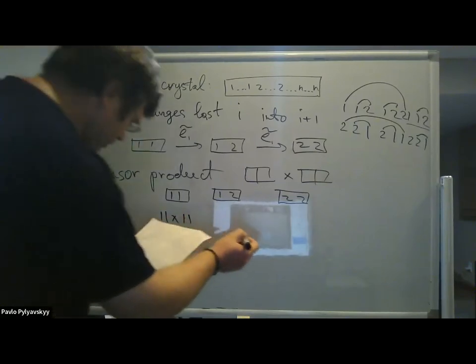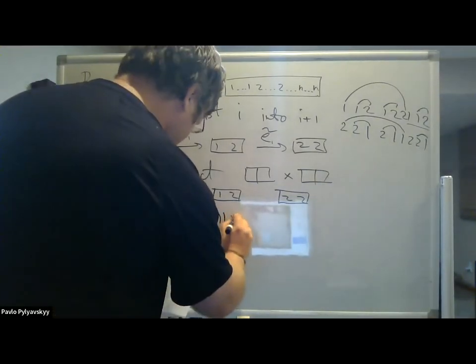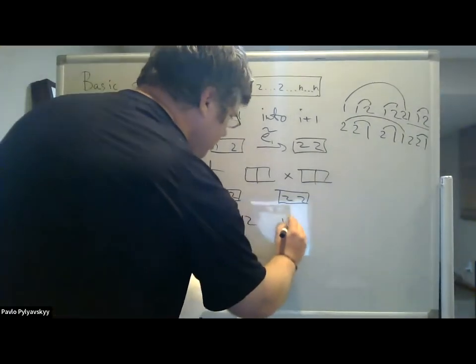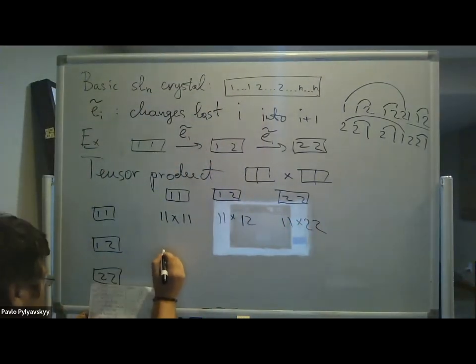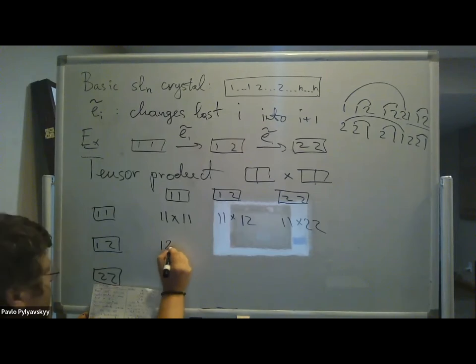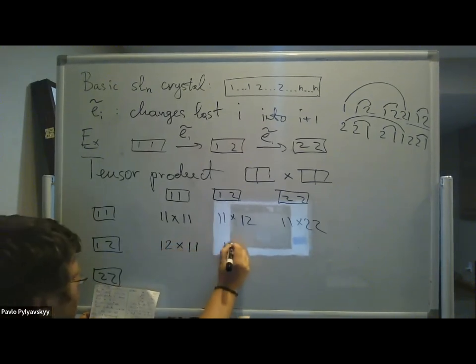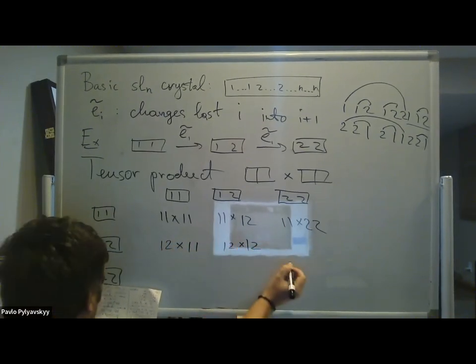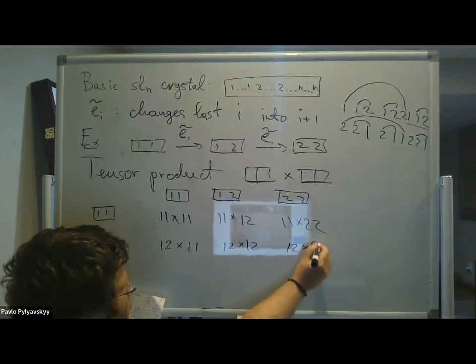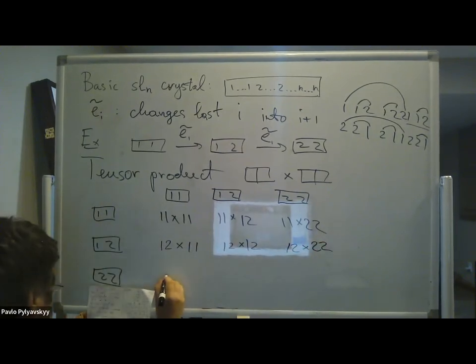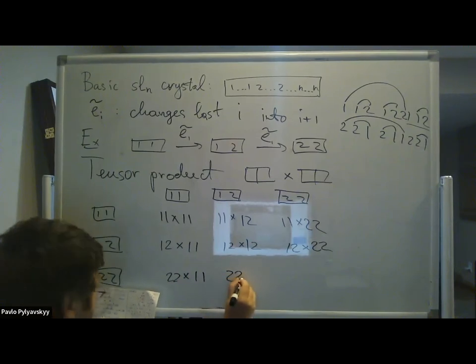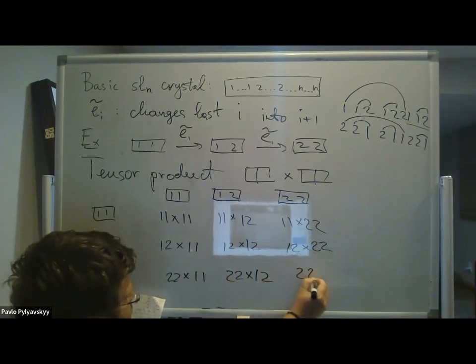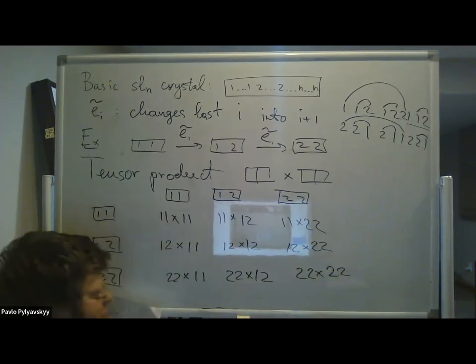It should be a tensor product, but I'm trying to save time. So 1, 1 times 1, 2, 1, 1 times 2, 2. It's boring, but I have to do it because I want to show you how to do the product of those crystals. 1, 2 times 1, 2. 1, 2 times 2, 2. I will make one intentional mistake here, and your job is to find it. That's what I often do in my classes. Did anybody find a mistake?